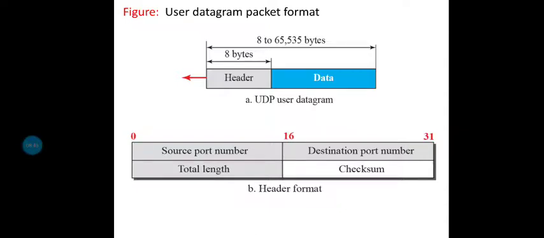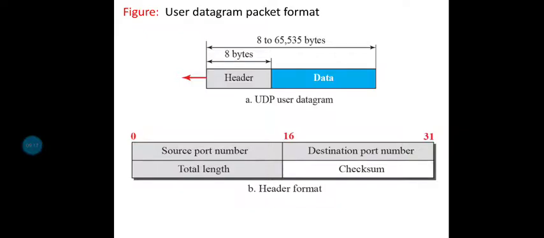The checksum is optional. The reason is that UDP, as I already mentioned, is connectionless, with less reliability, unreliable, because in UDP we don't have flow control and we don't have error control. The error control is an optional one.